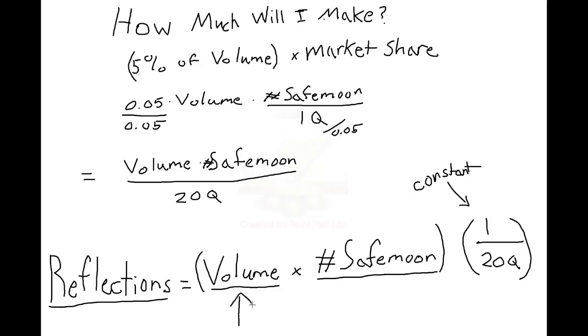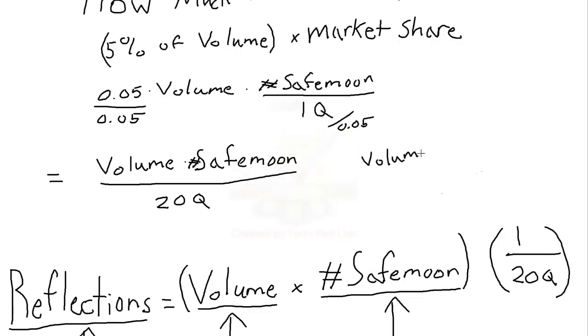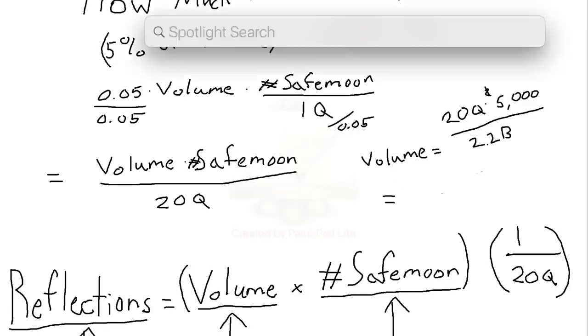It shows the direct linear relationship between reflections, volume, and Safemoon. If either volume or your Safemoon bag increases, reflections do too, linearly. To calculate, for instance, how much volume I need to make X $1,000 in reflections, just do some algebra. Isolate volume, substitute in however many $1,000 you want for reflections, and solve for volume.